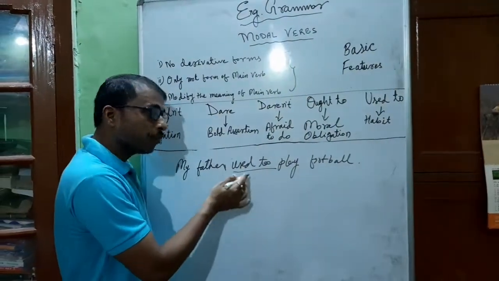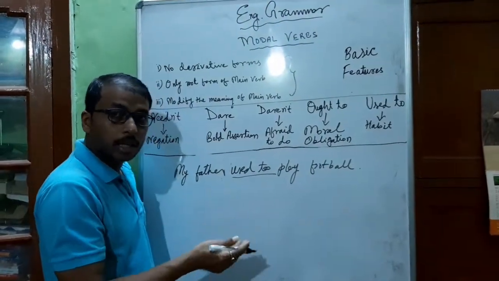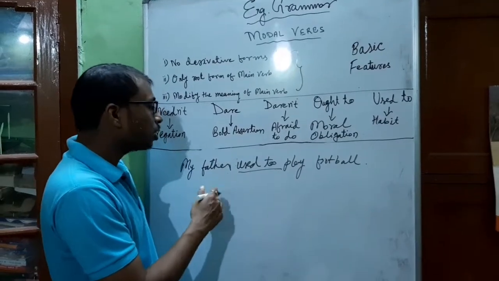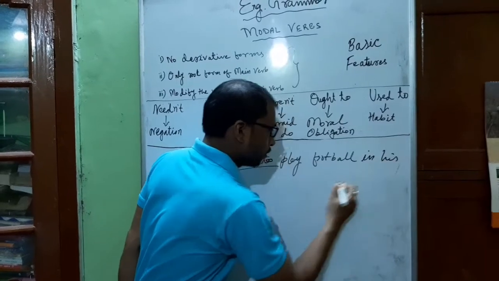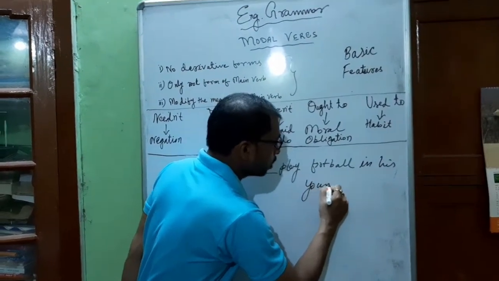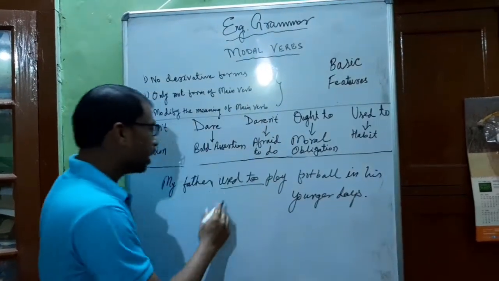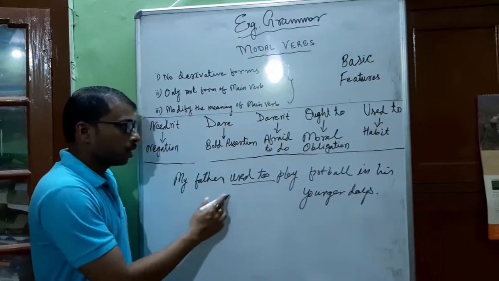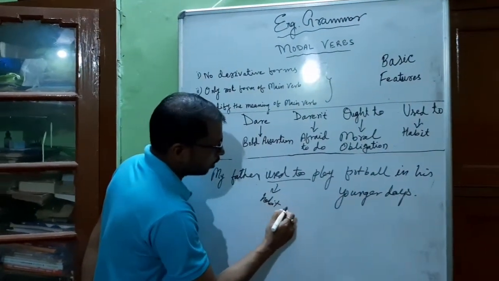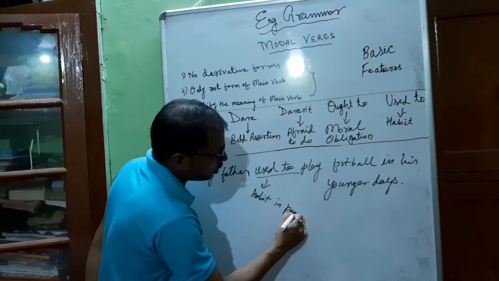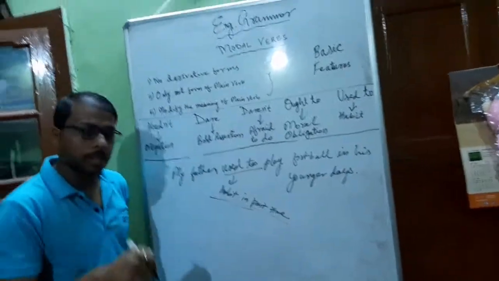He played football in the past. He used to play. It was a habitual action in the past. My father used to play football maybe in his younger days. So this is a habitual action or habit, but in past time. We cannot say that this is a habit in the present.